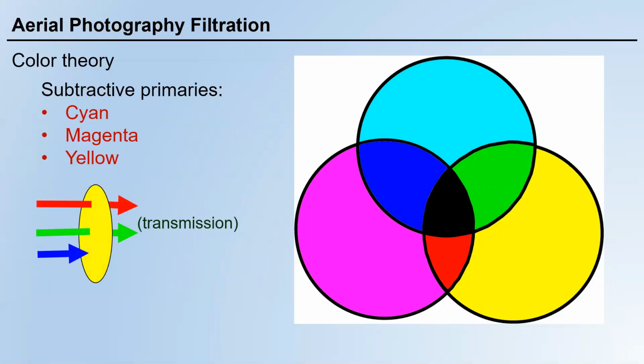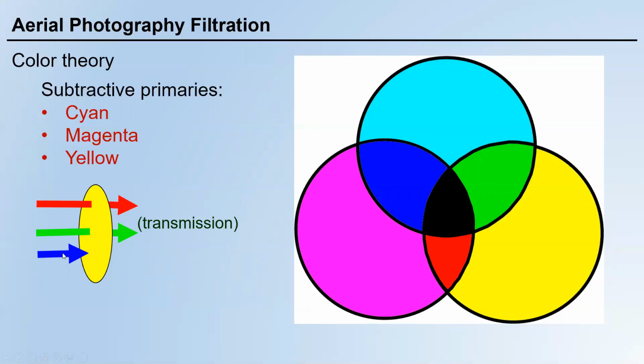So here comes the filter part. A filter with a specific color can filter out its complementary color. So here we have RGB, three colors, and we have a yellow filter here. The yellow filter can absorb its complementary color, which is blue. So after this yellow filter, we can only receive red light and green light.